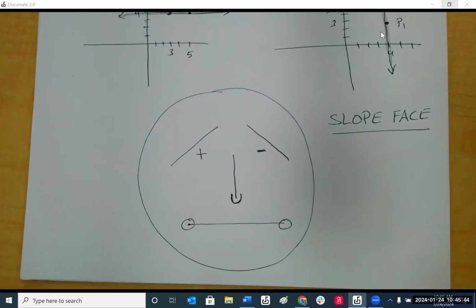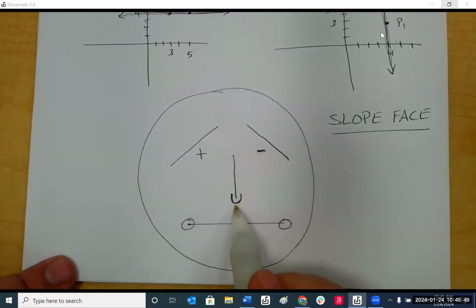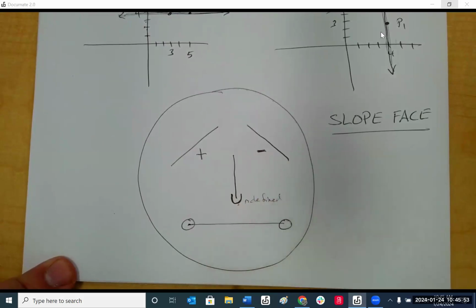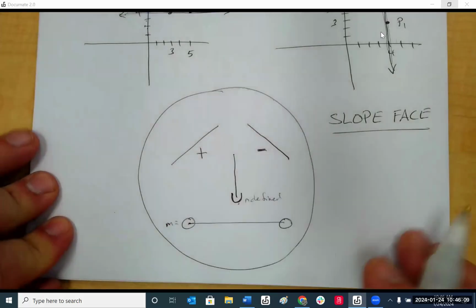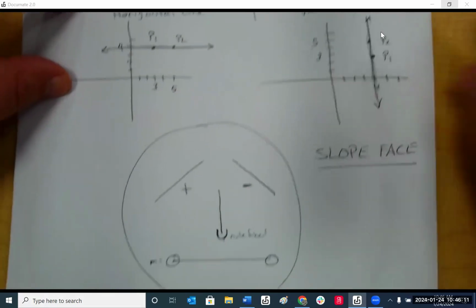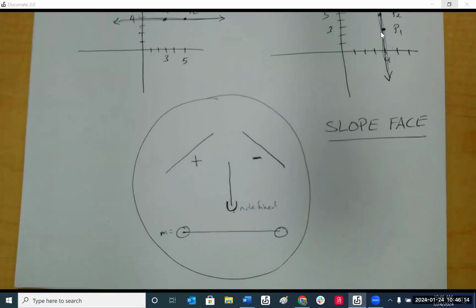I've had so many students say that they were in a test and this helped them out. If it's a vertical line, it's undefined. If it's horizontal, its slope is 0. This picture and this information is what's going to be the most difficult part of this section.